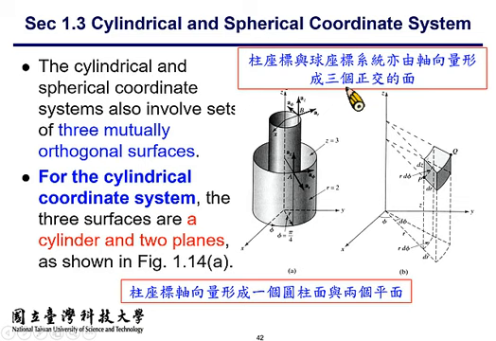That's a difference between the cylindrical coordinate system and the Cartesian coordinate system.